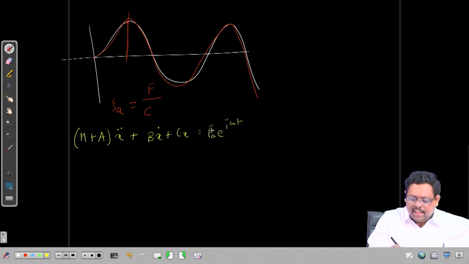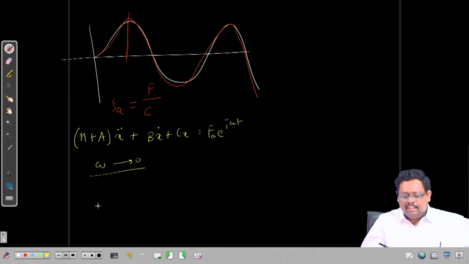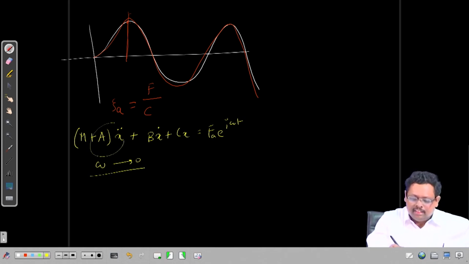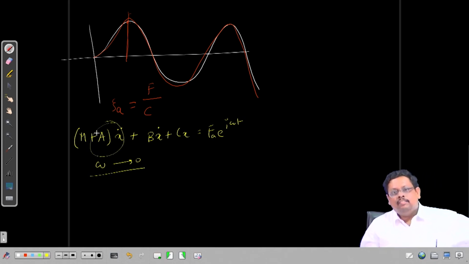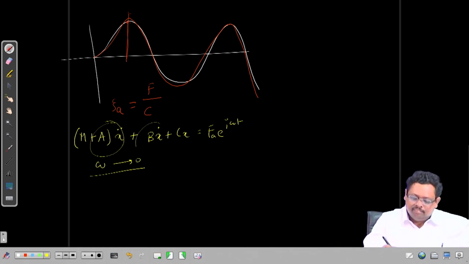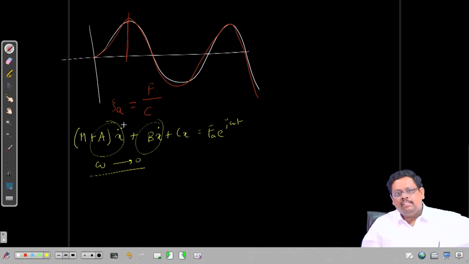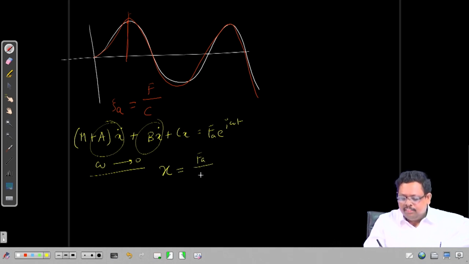Now, as omega tends to 0, assuming that the radiation component A and the damping component B have absolutely no role, the response is very simple. It is simply the ratio between the amplitude of the exciting force and the restoring coefficient, right.